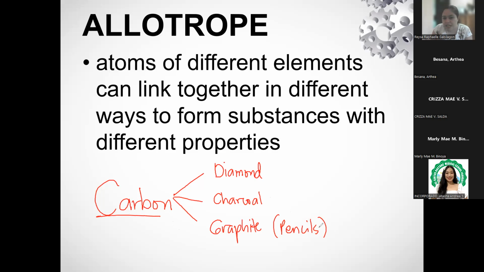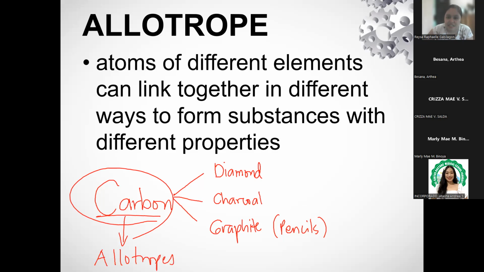So they all have different physical and chemical properties. They have different conditions, but they are all made up of one substance, carbon. These three exhibit allotropism. Therefore, carbon has a lot of allotropes.